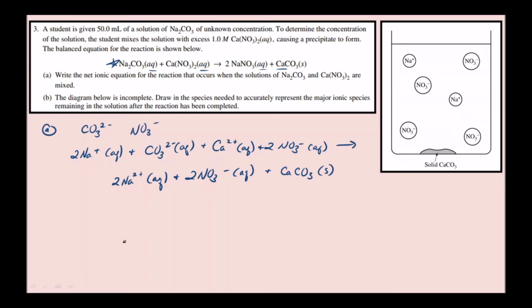So we've separated everything out into individual dissolved ions that are in the aqueous state. But we don't separate out the calcium carbonate into ions because it is solid, not aqueous.